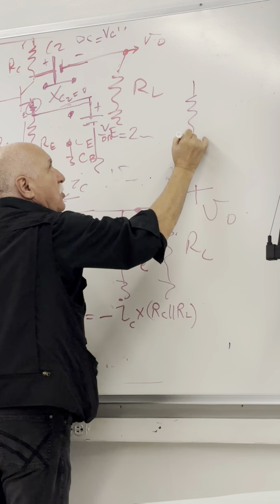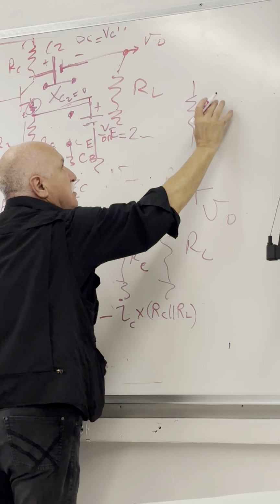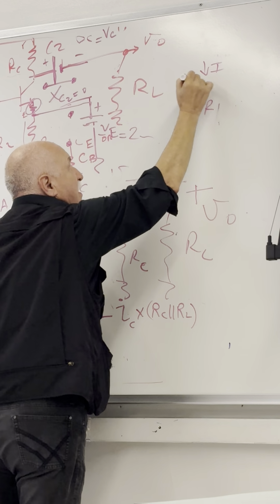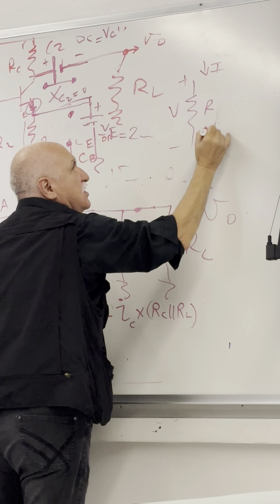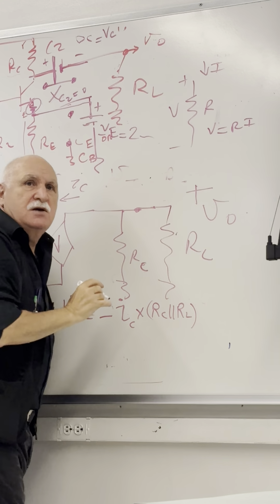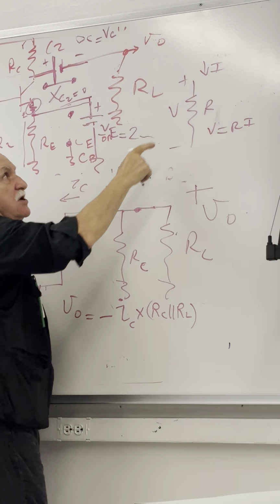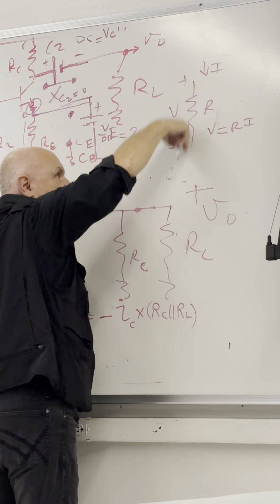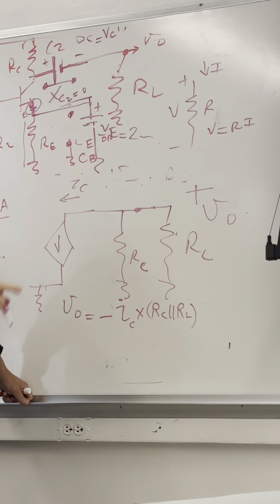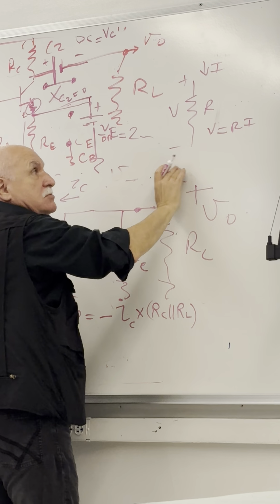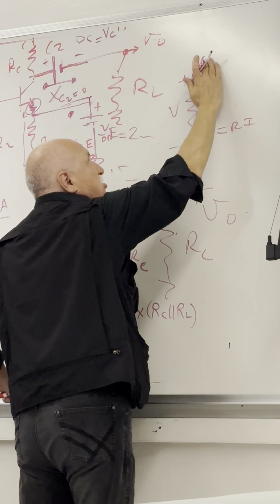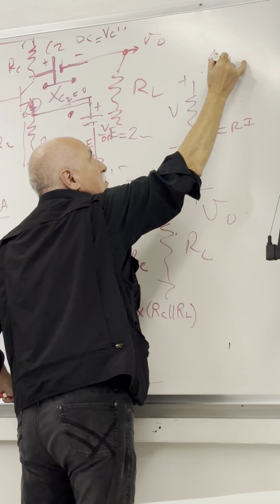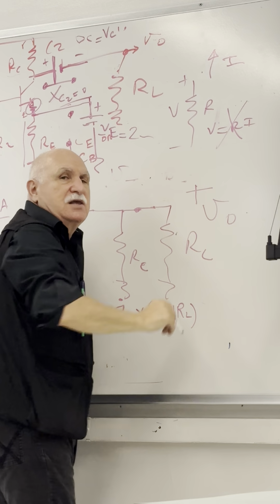Do you recall we always wrote R, current going this way, positive, negative, V, so V is equal to Ri, right? This was with the convention. The convention says plus, minus, current going that way for a resistor. But if somebody gives you, again, Ohm's law, V marks the current backward, you should not write that equation.